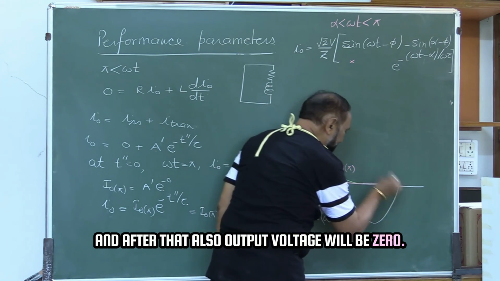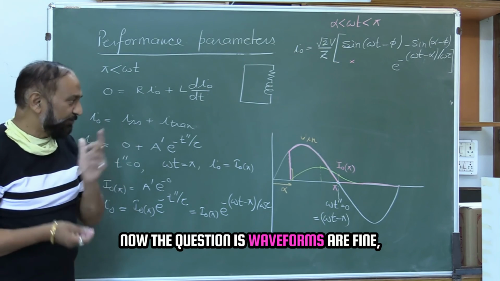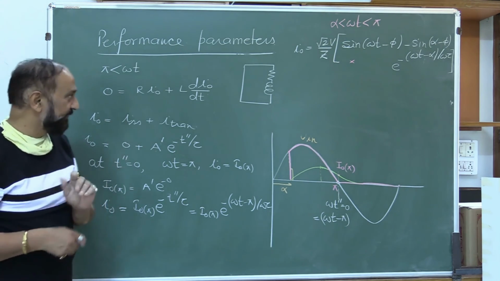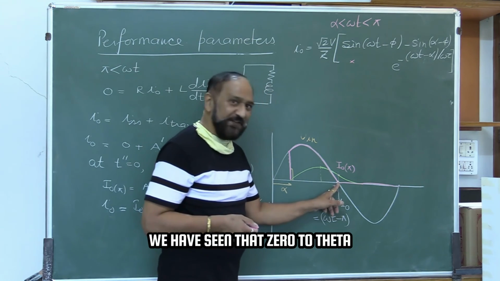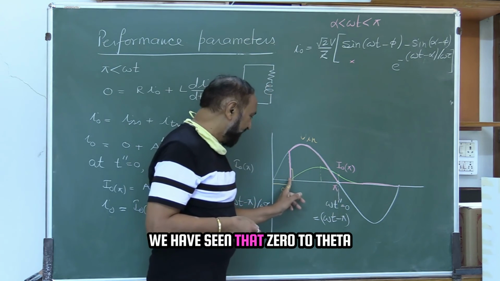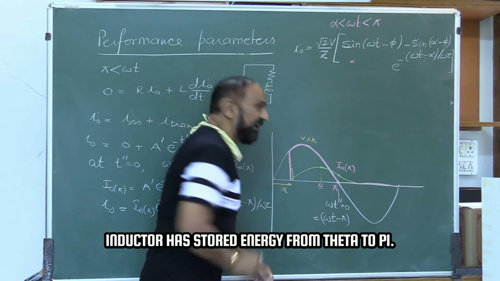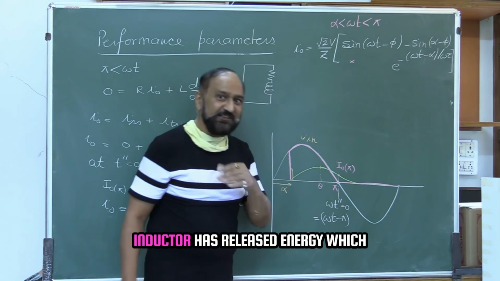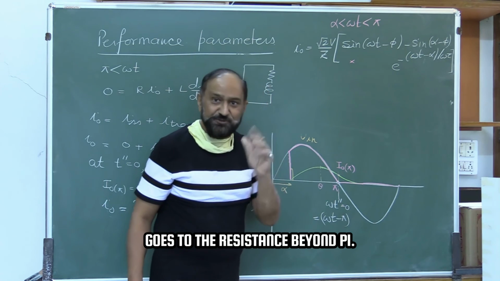Now the question is, waveforms are fine, but how the input power factor has improved? Up to pi we have seen that from 0 to theta inductor has stored the energy. From theta to pi inductor has released the energy which goes to the resistance.